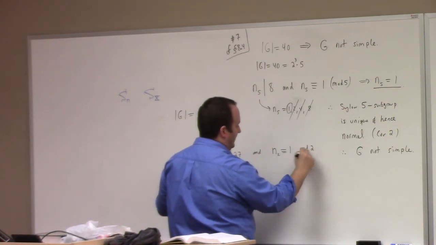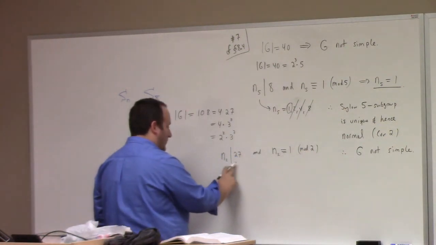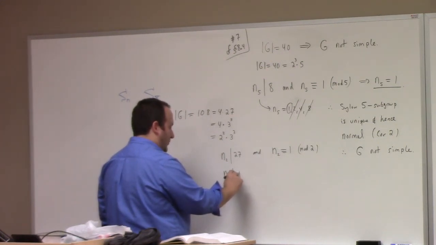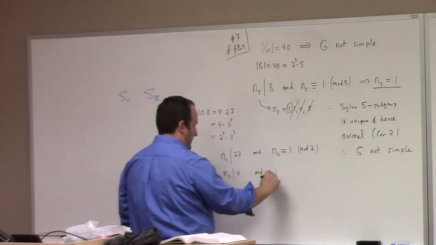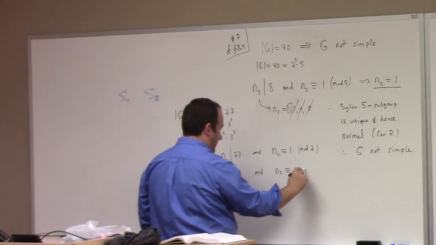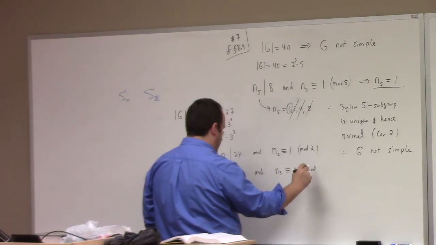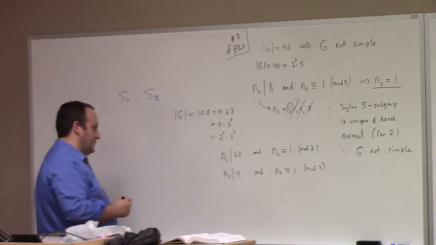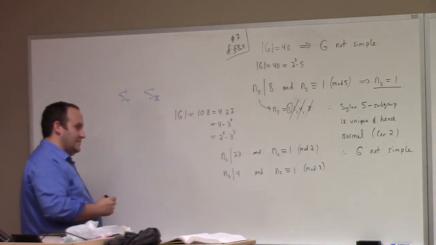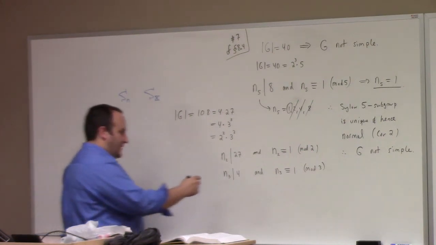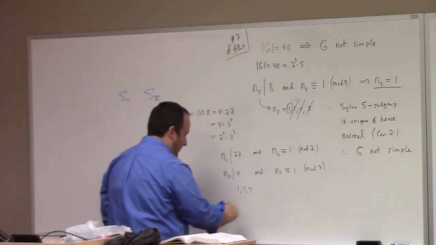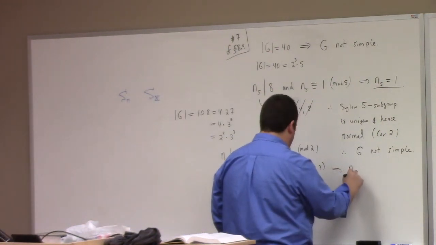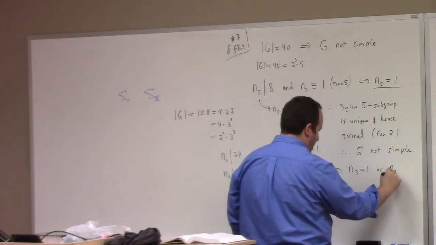Sorry, I can't remember my math. Or we can solve n3 divides 4, and n3 is congruent to 1 mod 3. I think I'm going to go with door number 2 here. So the divisors are 1, 2, and 4. 1 and 4. Okay, so n3 equals 1 or n3 equals 4.